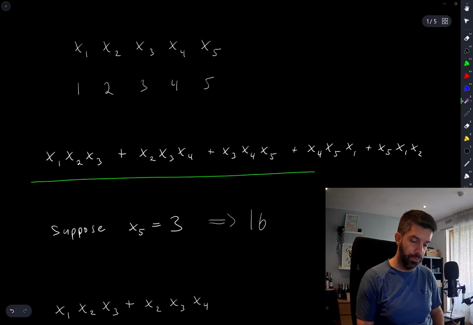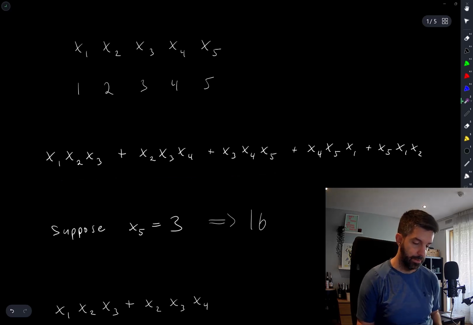So if a factor of 3 appears in any of these, that term doesn't matter. And for any permutation, the number 3 appears in 3 different of those terms.